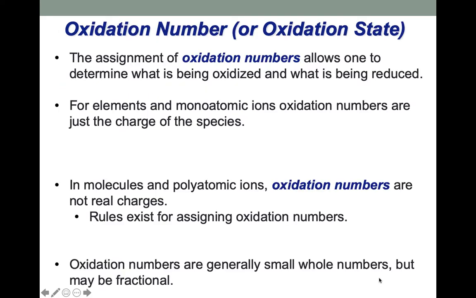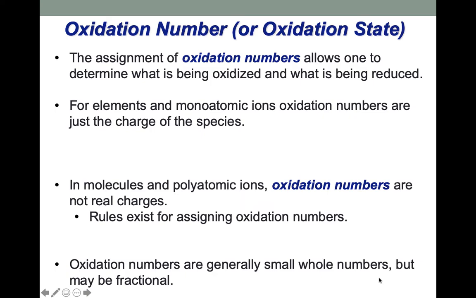So, the assignment of oxidation numbers allows one to determine what is being oxidized and what is being reduced. For elements and monoatomic ions, the oxidation numbers are just the charge on that species. Now here I'm going to pause with what the slide says, and I'm going to add some things that you need to write down. So you'll want to start and stop as I go through.